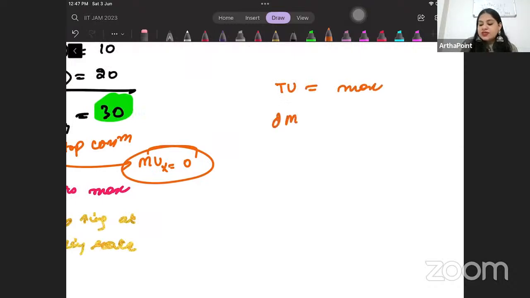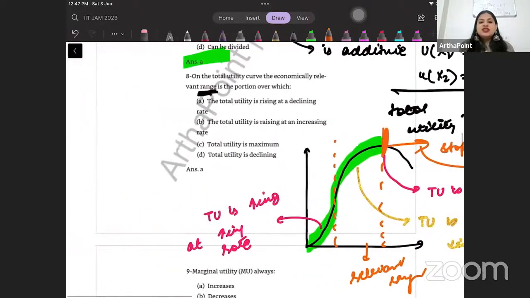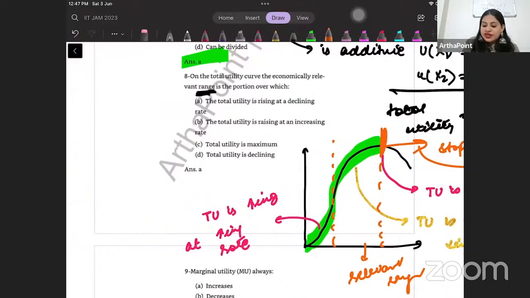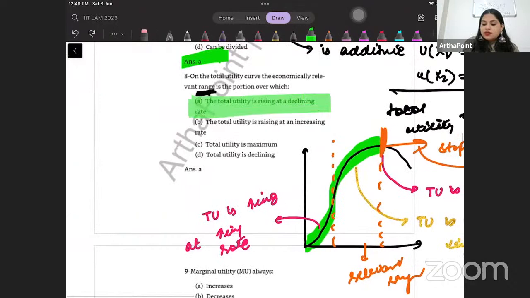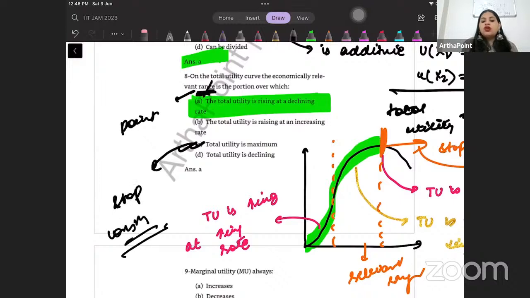So whenever you maximize something, you differentiate it and equate it to 0. Matlab marginal utility will be 0. So beta, in this case, this is the range. But अगर range की जगह वो point बोल देता बेटा, then this is the answer. This is where I will stop consumption. थोड़ा सा हमें क्वेश्चन को पढ़ना पड़ेगा, राइट?